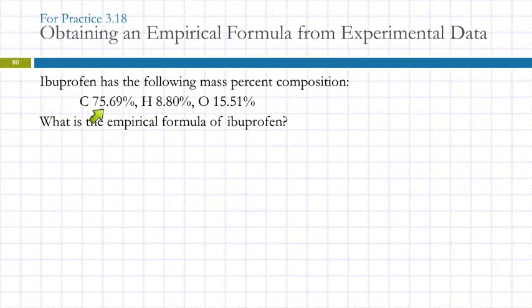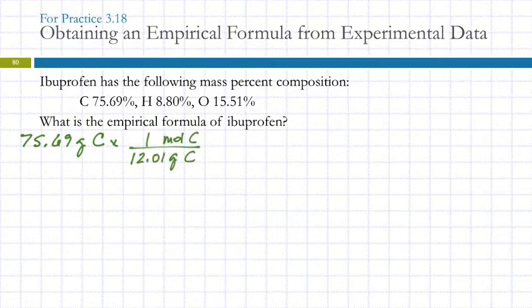So the percentages, I'm going to take the percentage and say, well, if I had 100 grams of this, I'd have 75.69 grams of carbon. So I don't have to do anything except change percent to gram. So for the carbon, I've got 75.69 grams of carbon. I'm going to convert that to moles of carbon by dividing by the molar mass of carbon.